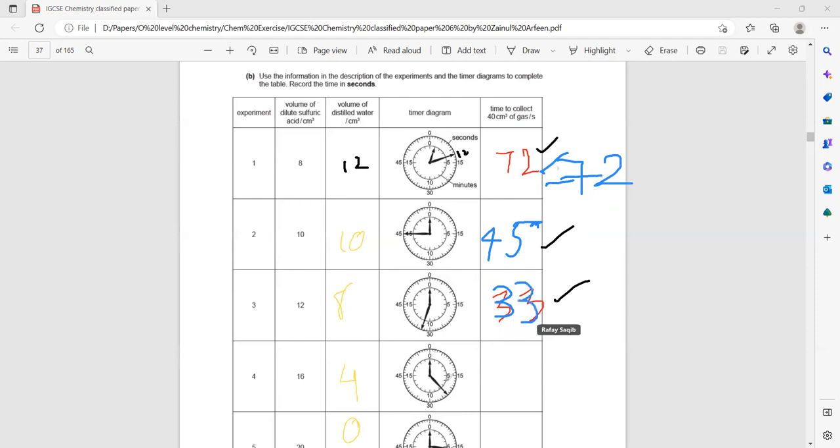This is 0 minutes and 23 seconds. And this one, I will just scroll down to check the time. It looks like 16. So 72, 45, 33, 23 and 16.